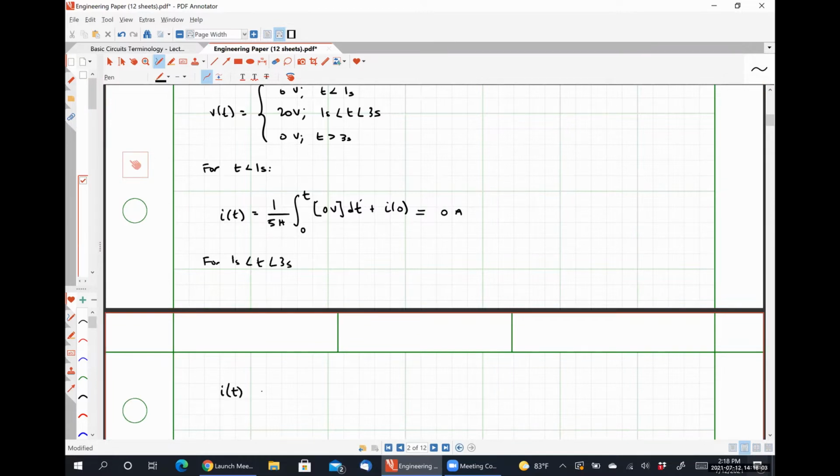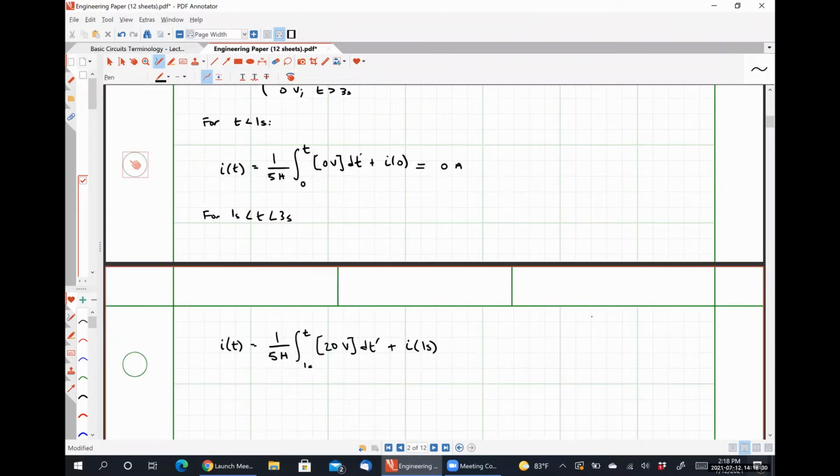So we're going to have I of t now is 1 over 5 henries times the integral from 1 second to t of our voltage over this range, which was 20 volts, dt prime, plus I at 1 second.